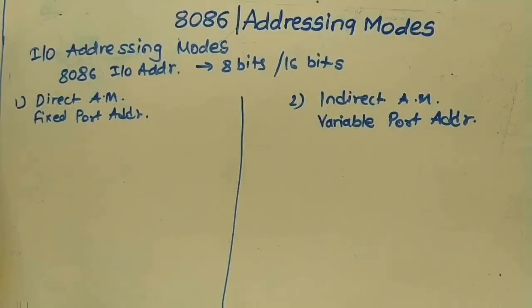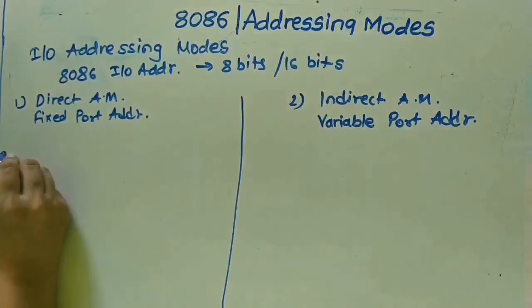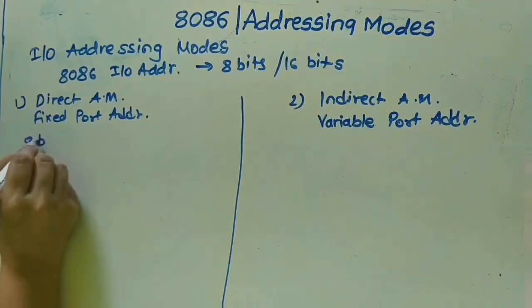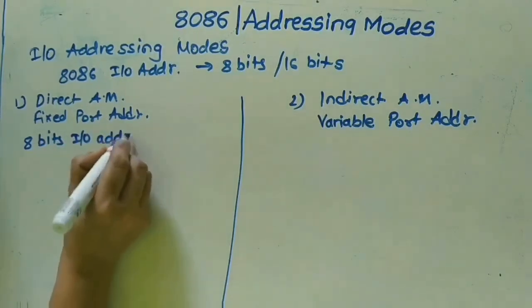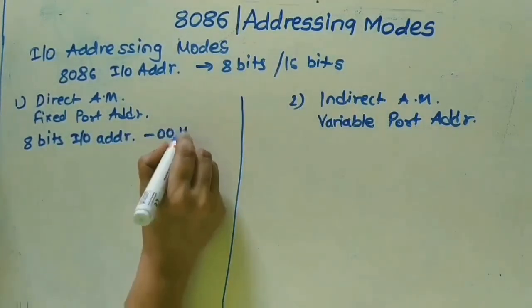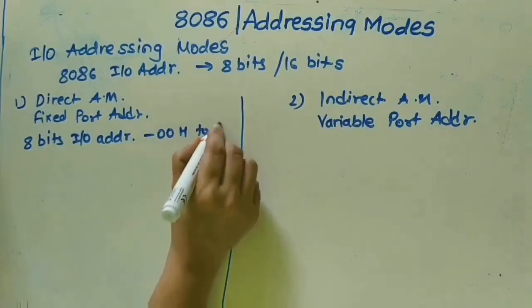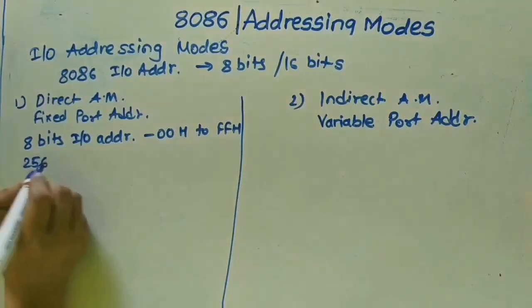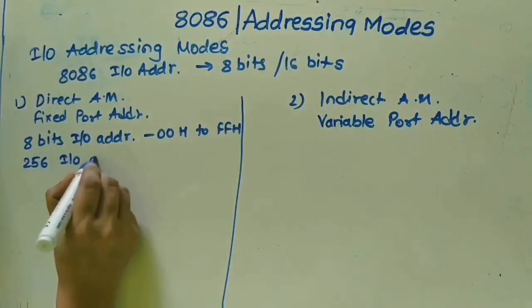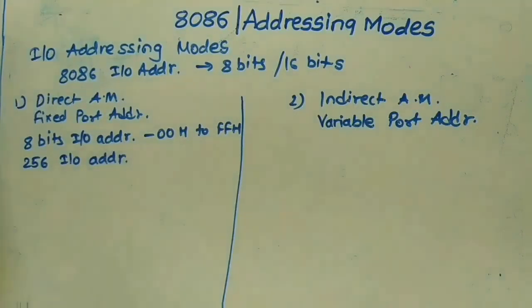If we are going to use an 8-bit IO address, the range for that IO address is from 00H to FFH, and this gives a total of 256 IO addresses.